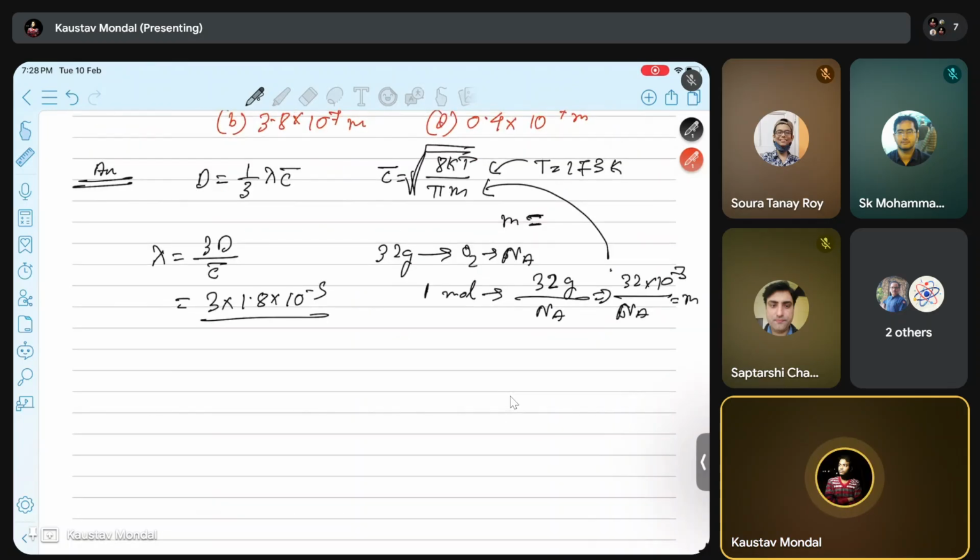The expression of c bar can be easily calculated from here: 8 into 1.38 into 10 to the power minus 23 into 273 divided by pi into this m. If you do the calculation, we'll be getting lambda as 1.27 into 10 to the power minus 7 meter.